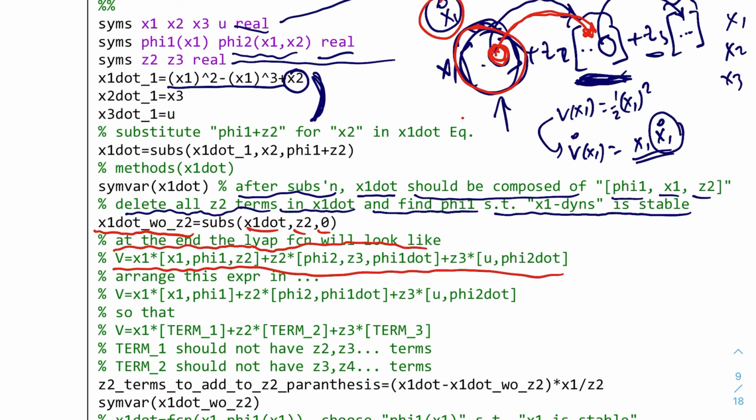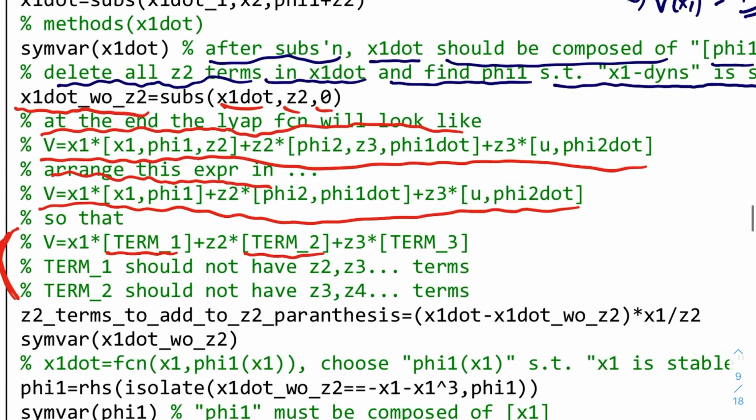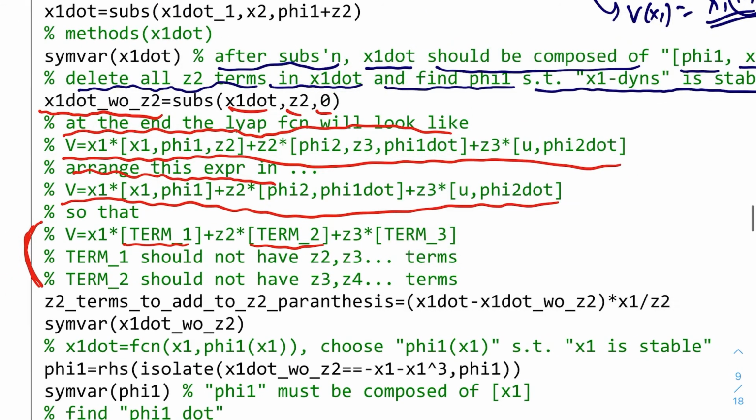Arrange this expression in this form. This is what we have talked about: x1 times term 1, z2 times term 2, and z3 times term 3.